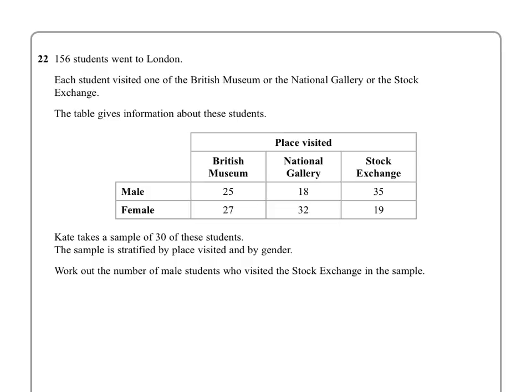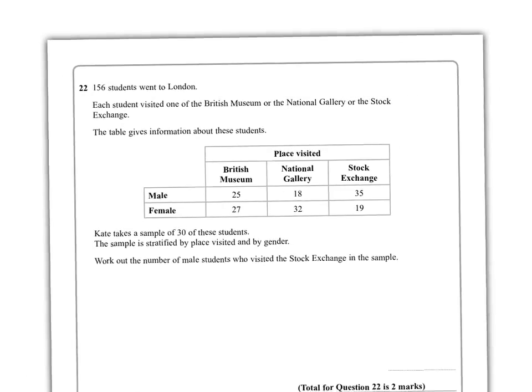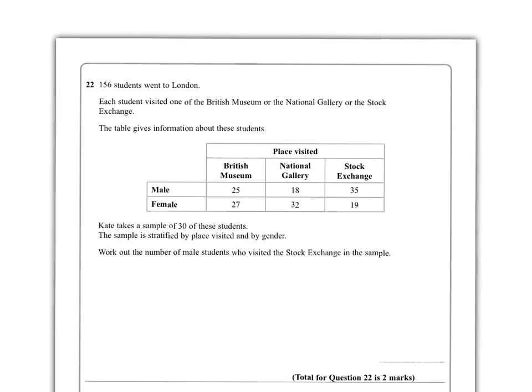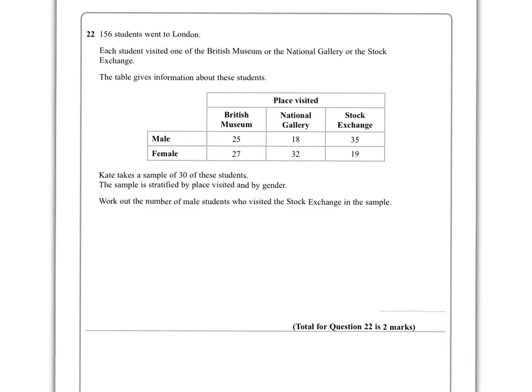Final one. Because I'm having to break it up into even more bits because it takes too long, we've got a stratified sample question. Now it says 156, so they even add it up for you. So the bottom of your division is 156 students who go to London, 30 of them is the sample, so we need to times by 30. 35 went to the stock exchange, and it's 35 males.